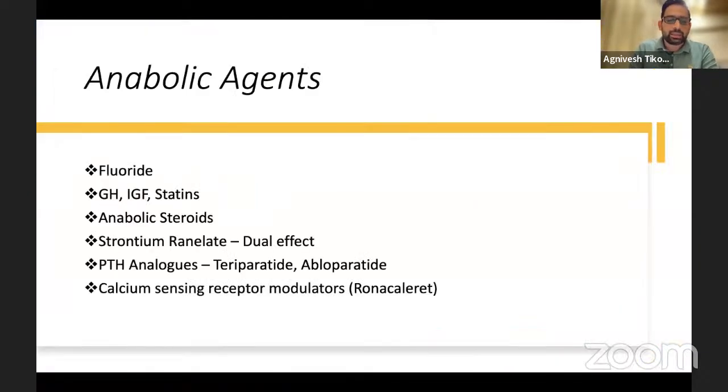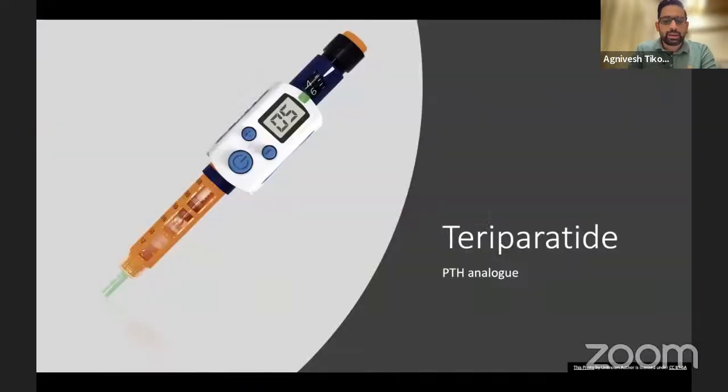Anabolic agents, there are many names, but I will limit to teriparatide, which is the most commonly used. It's a PTH analog. You may want to ask how this PTH analog forms anabolic activity.